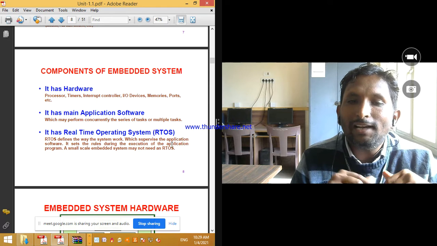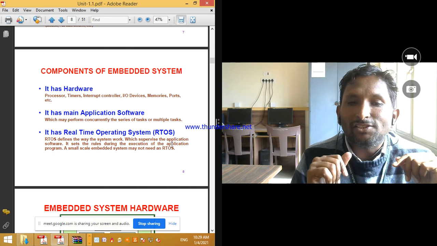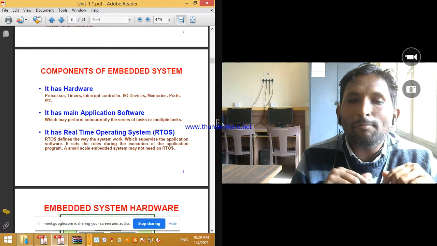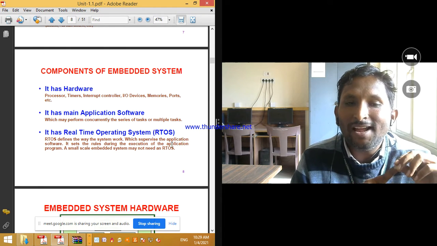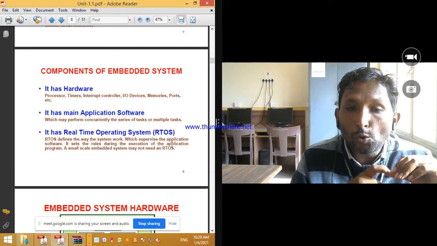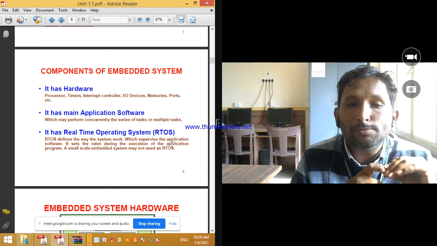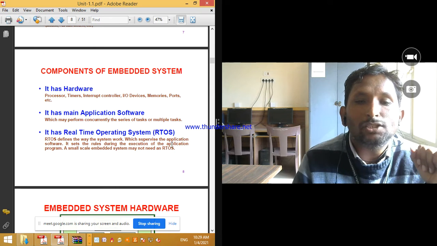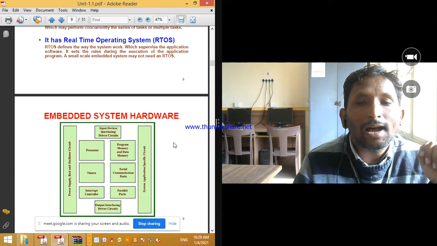We want a real-time operating system, right? RTOS defines the way the system works, which supervises the application software. It sets the rules during the execution of the application program. A small-scale embedded system may not need an RTOS.